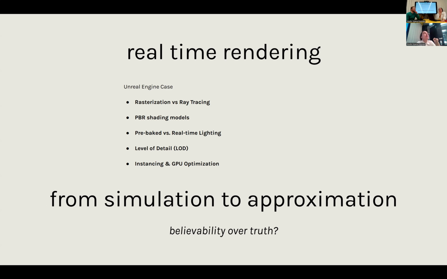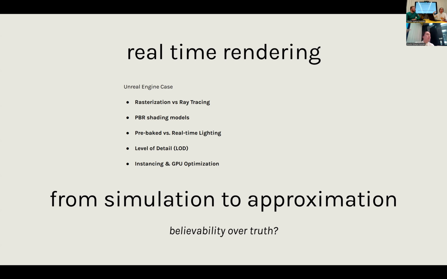And the more we work with approximations because they are faster, the more we're going away from, let's say, the source material. And again, I don't have a problem with that either. I just want you to know it. So you will hear things such as PBR shading models, and that's a way of encoding materials so that they speak to the rendering engine in a way that is more efficient.